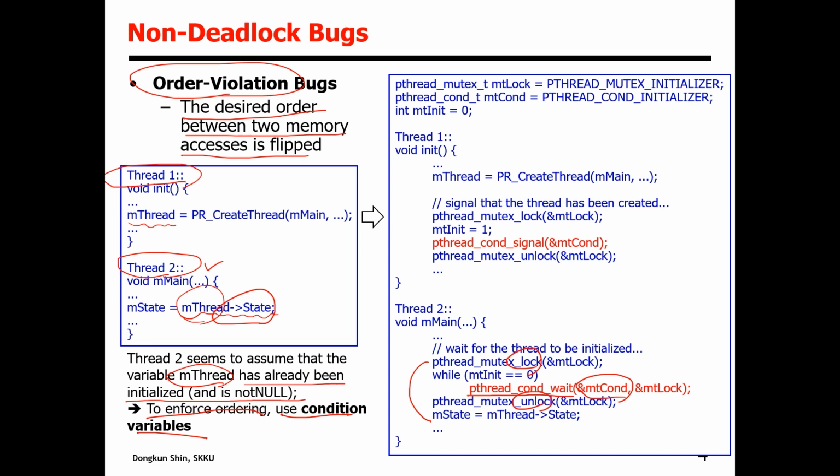After getting the signal for the condition variable, it can access mThread. Thread 1 first creates the thread, then sends the signal for the condition variable. Then the ordering between these two threads can be implemented.